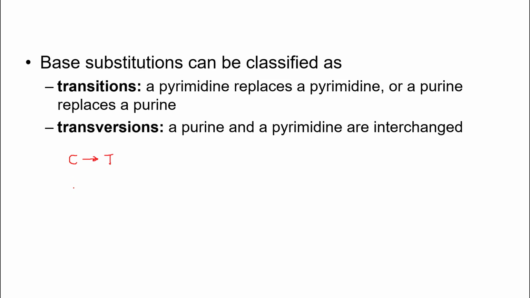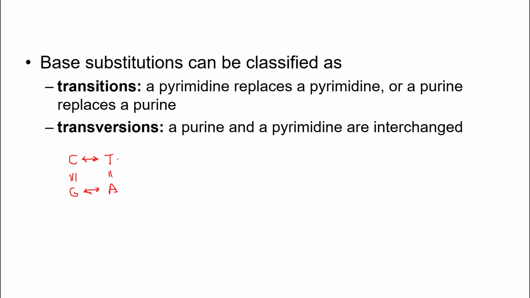Okay? Remember, these are normally what these guys pair with. I'm going to draw the hydrogen bonds in. Or if we had to switch from adenine to guanine, that would be a purine to purine or a pyrimidine to pyrimidine.